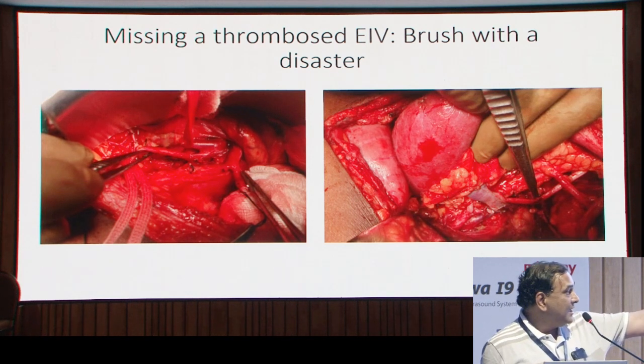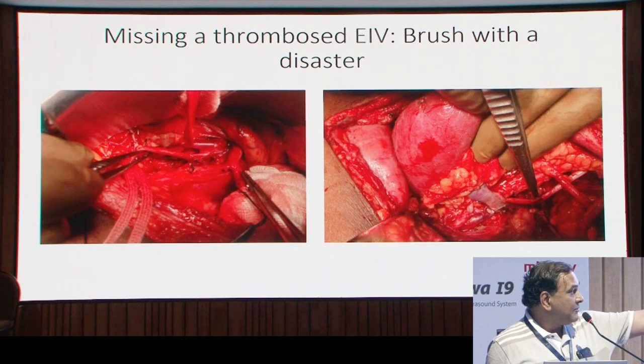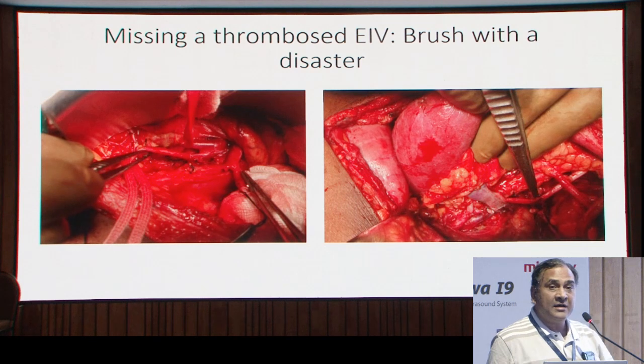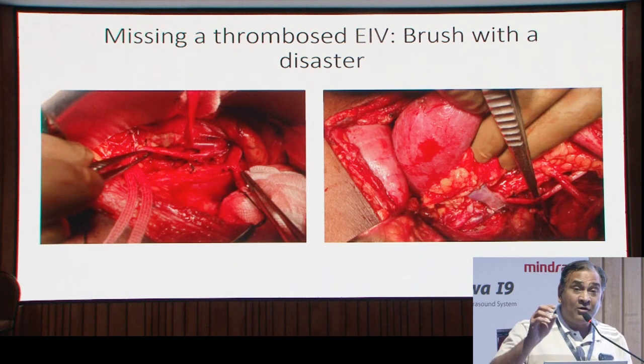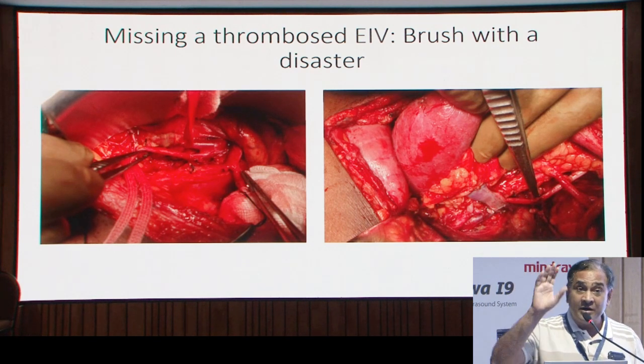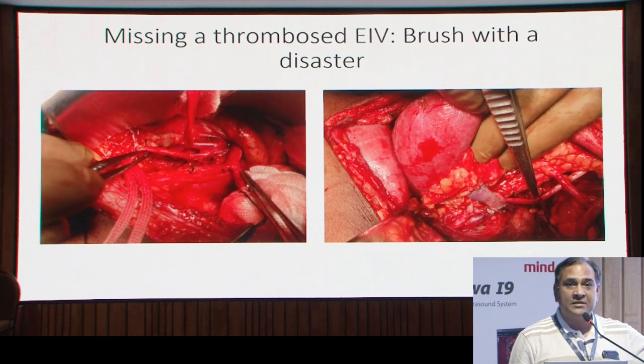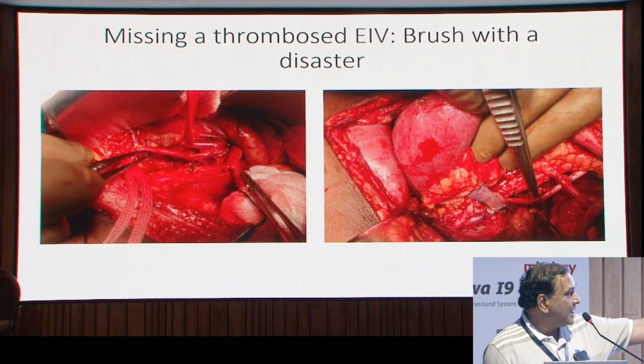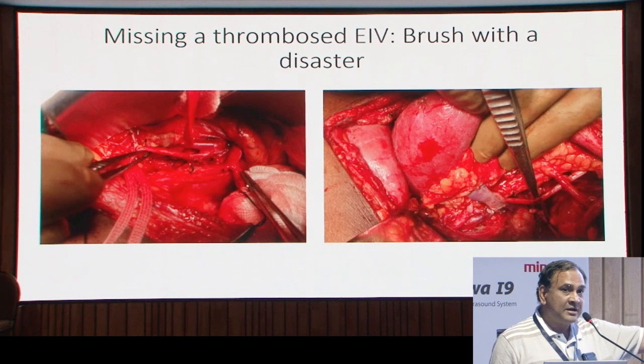But in this child, since the external iliac vein was thrombosed, the external iliac vein is beneath that transplant ureter seen on the left of that image, and the vessel in front of the forceps is the thrombosed external iliac vein, and the renal vein is anastomosed to this distended internal iliac vein. That's almost unheard of, very unusual. But we had to innovate something on the table, and the artery has been anastomosed to the external iliac artery.